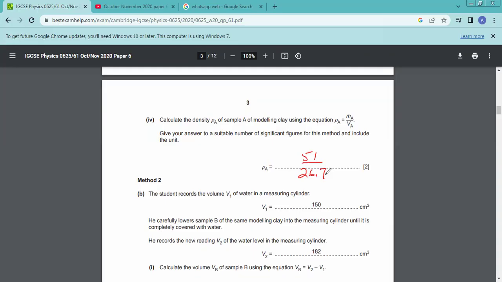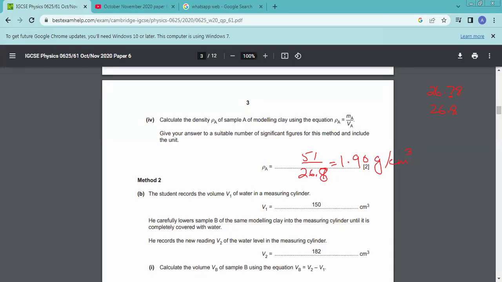Actually, I rounded the volume to 26.8 in the previous part because it was 26.78, so I'm taking 26.8 here. So 51 divided by 26.8 is 1.90. So my value of density here is 1.90 gram per centimeter cube, because the volume is in centimeter cube and the mass is in grams.